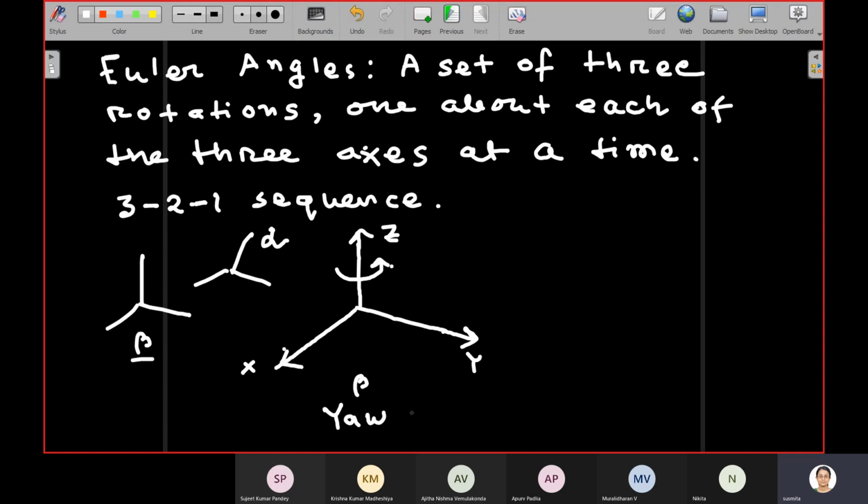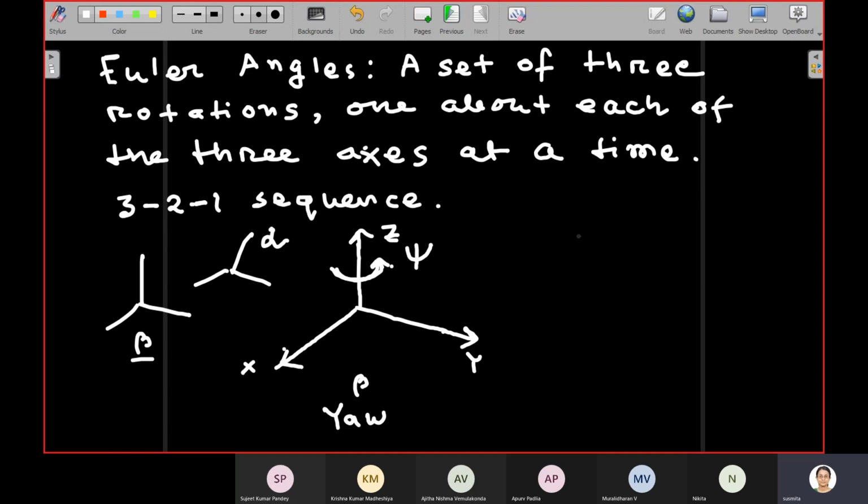So you orient the fingers of your right hand this way so that the thumb is along the positive Z axis, and you curl around the axis with the other fingers, and the direction of the curl will give you the direction of the positive rotation. The arrow that I have shown is the direction of the curl. So this is positive rotation, and the corresponding angle is denoted as psi.